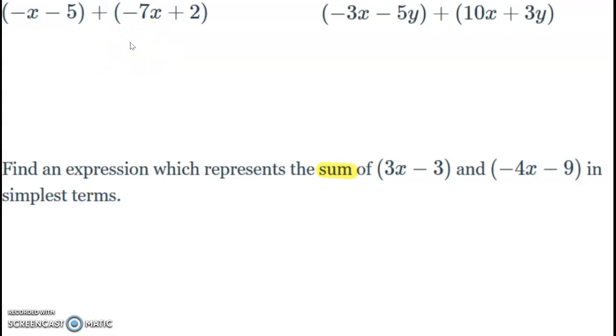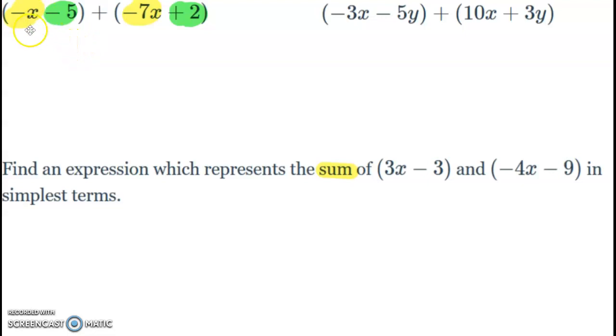Okay, so let's take a look at this first one here. Essentially what you're doing is just collecting like terms while you're adding. So if you're adding, you're just going to find your like terms here, negative x and negative 7x, same variable to the same exponent. And we're just going to combine those.